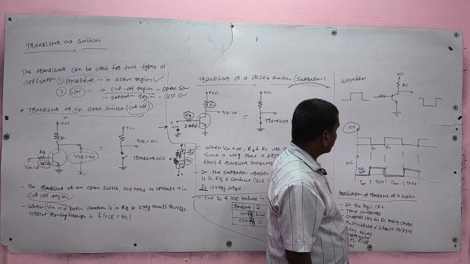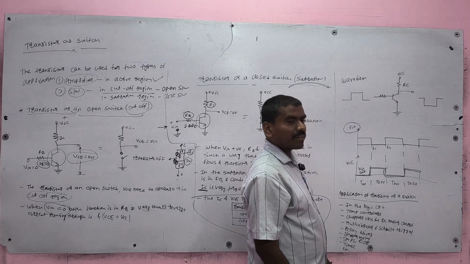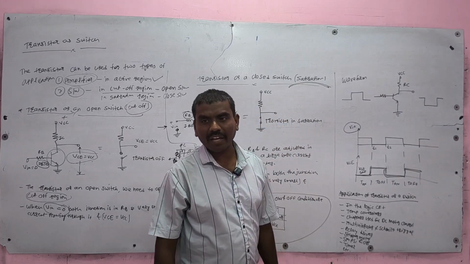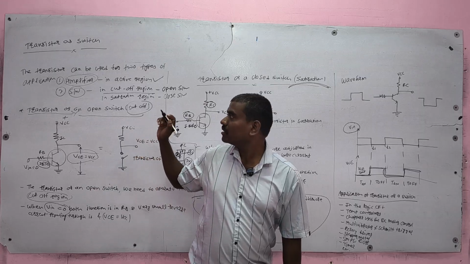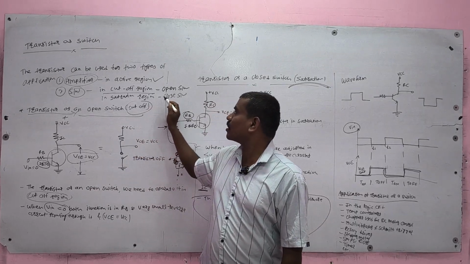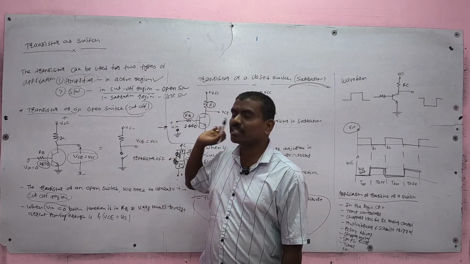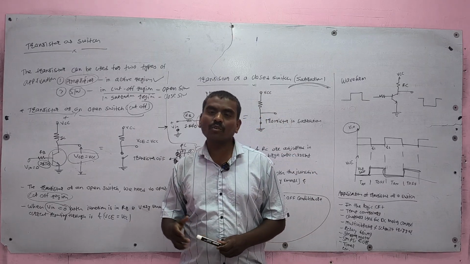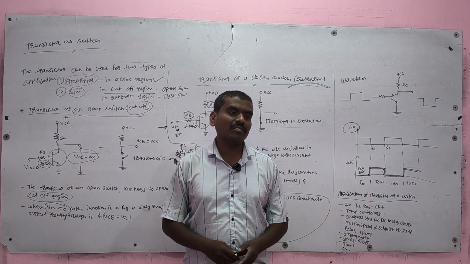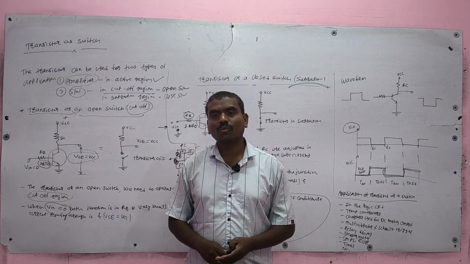In this way the transistor can be switched on and off by operating it in the cutoff region and the saturation region. If it is in the cutoff region, it acts as an open switch, and if it is in the saturation region, it acts as a closed switch.